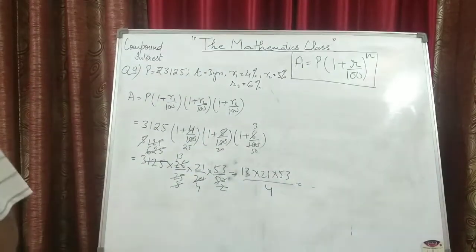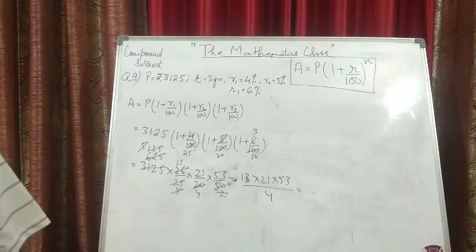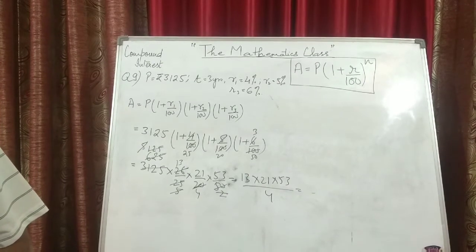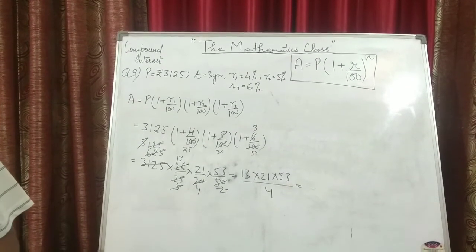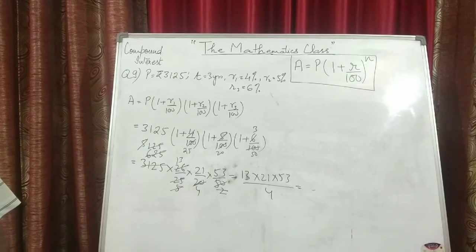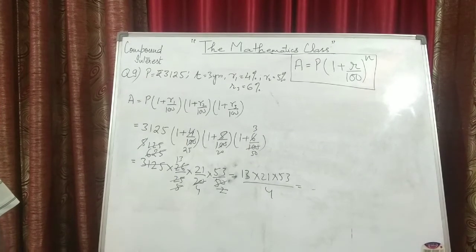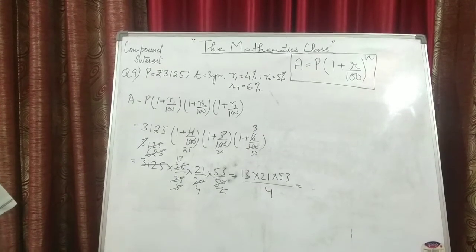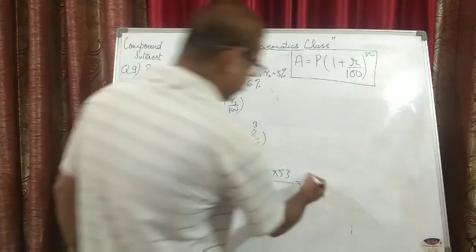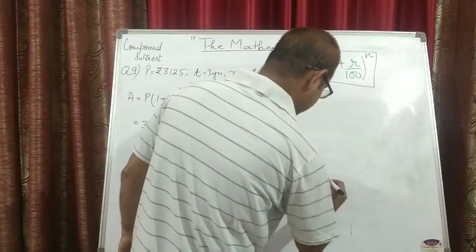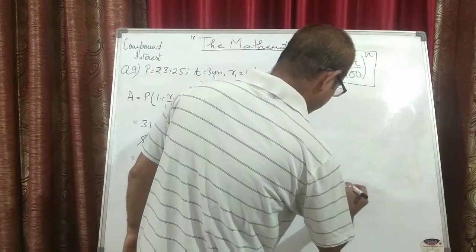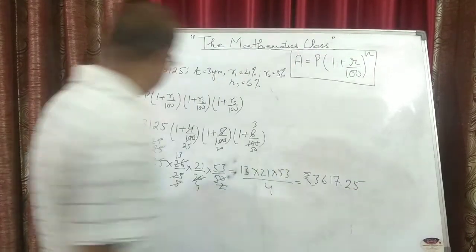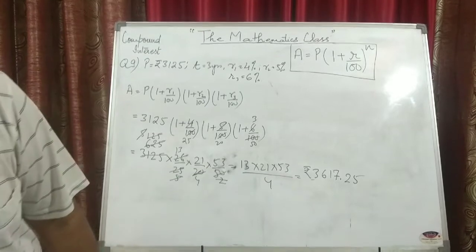Let me check, it comes as 13 into 21 into 53 divided by 4, it is 3617.25 rupees.